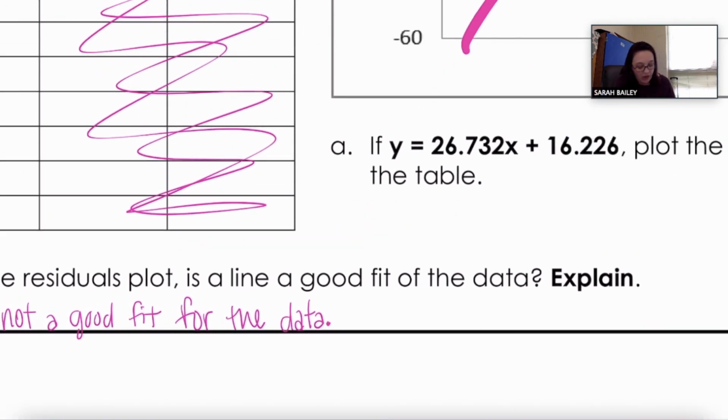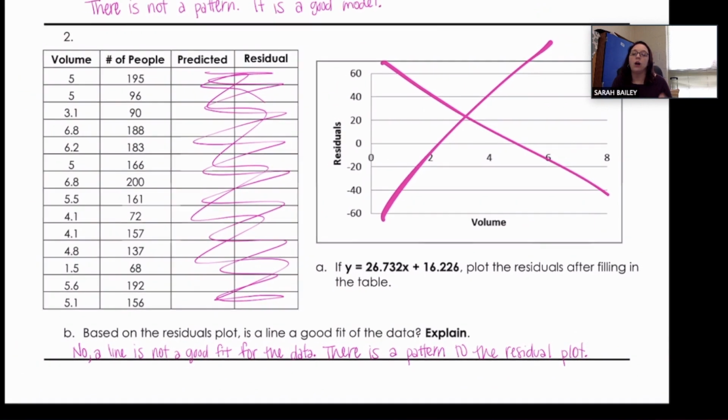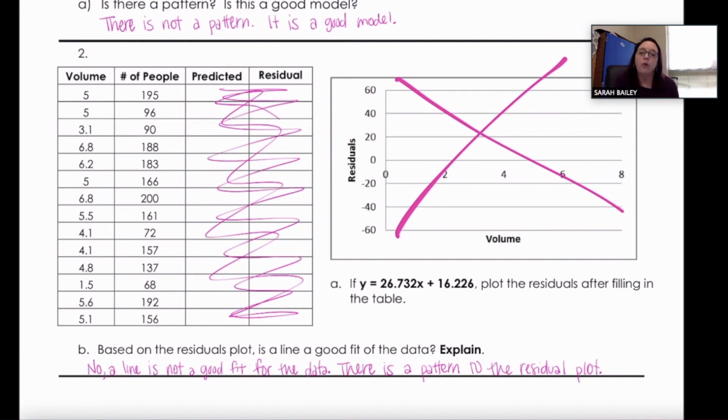So we could say there is a pattern to the residual plot. Remember, if there's a pattern to the residual plot, then we are going to say that a line would not be the best fit for the data. You don't have to know what would be a better fit, just that a line is not a better fit, okay? Not a single straight line.